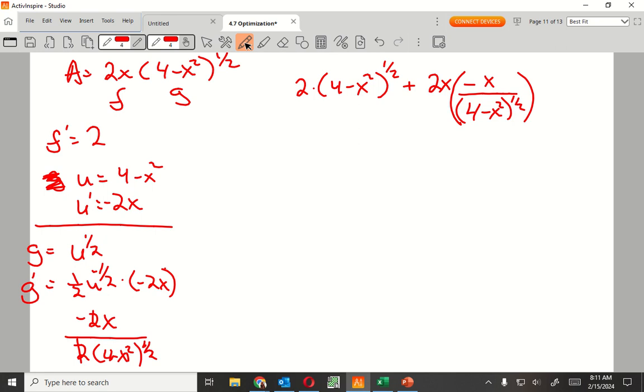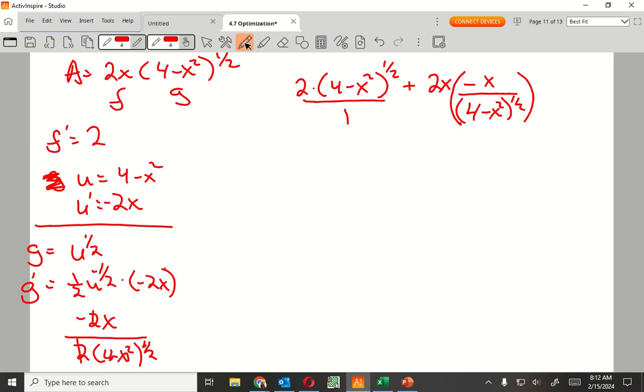So we put it all together, and now I'm going to do some algebra with this. I'm going to clean it up a little bit before I actually combine like terms. To combine like terms, I have to have common denominators. So my common denominator is eventually gonna be the quantity of 4 minus x squared to the 1/2. And this one right here currently is just over 1, right? I need to multiply top and bottom by my common denominator.